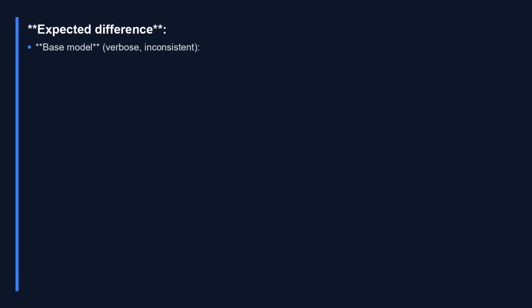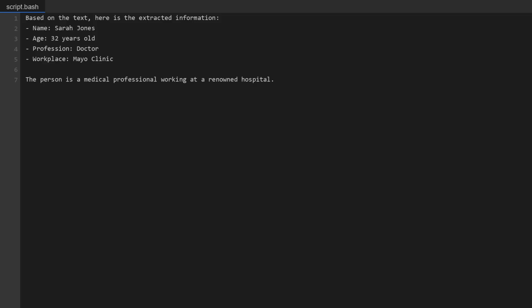Here's what that contrast looks like in practice. The base model, given a prompt about Sarah Jones, tends to respond verbosely and inconsistently. It might write a sentence, list bullet points, or format things differently on every run. Notice what the base model is doing here.